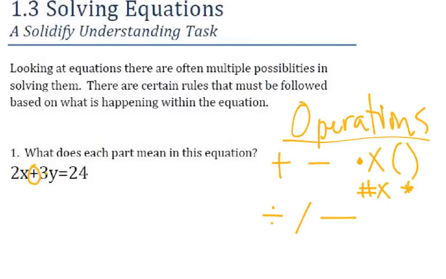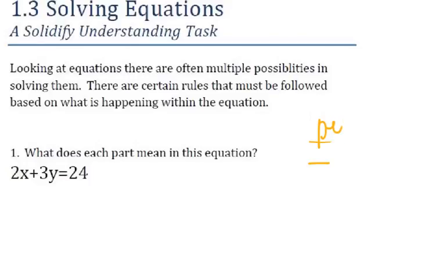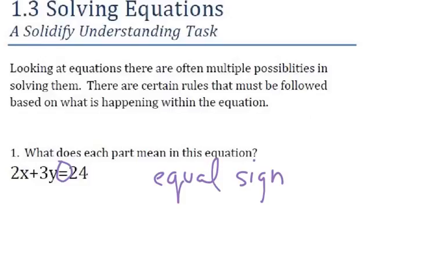Okay, now there's one other thing that's probably the most important part of an equation, and it has to do with the one that's probably the most overlooked, and that's the equal sign. And unfortunately, I think we've gotten into the habit as we teach math in making the equal sign seem like, well, that's the answer. So we'd look at this and say 2x plus 3y has an answer of 24, when that's really incorrect.